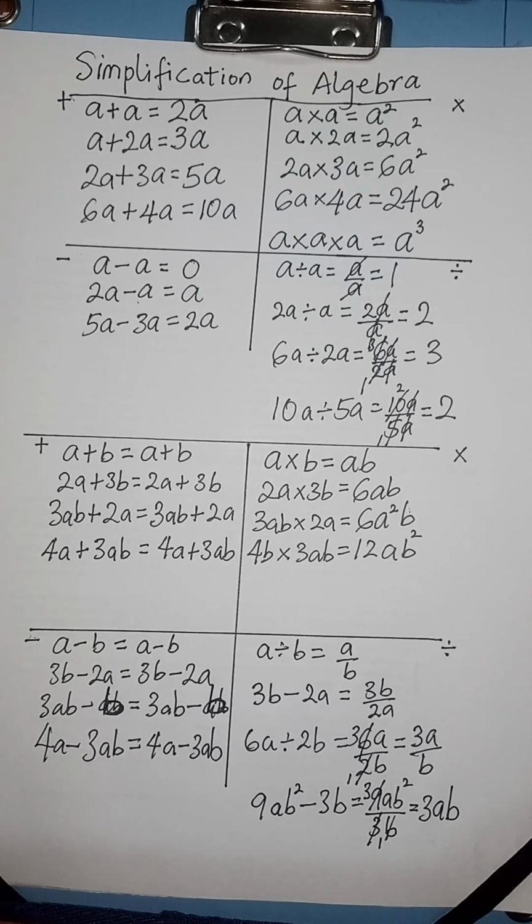So this is how to simplify expressions involving algebra when you have them as like terms and when you have them as unlike terms. I want you to run through this video and then get to master what we have just done and see if you can answer the following questions.